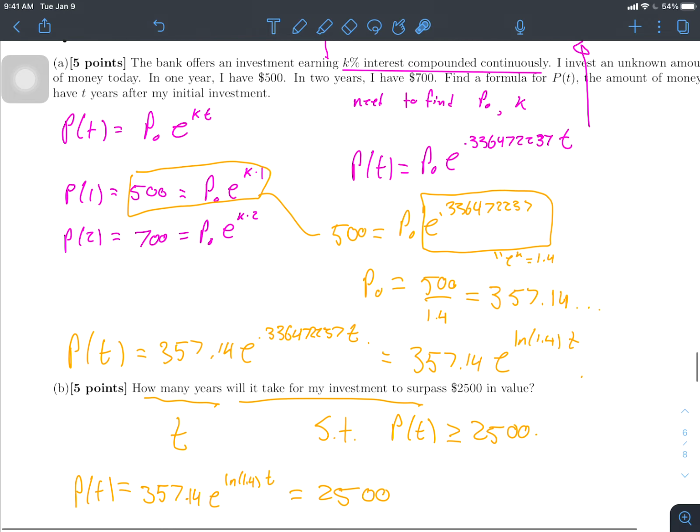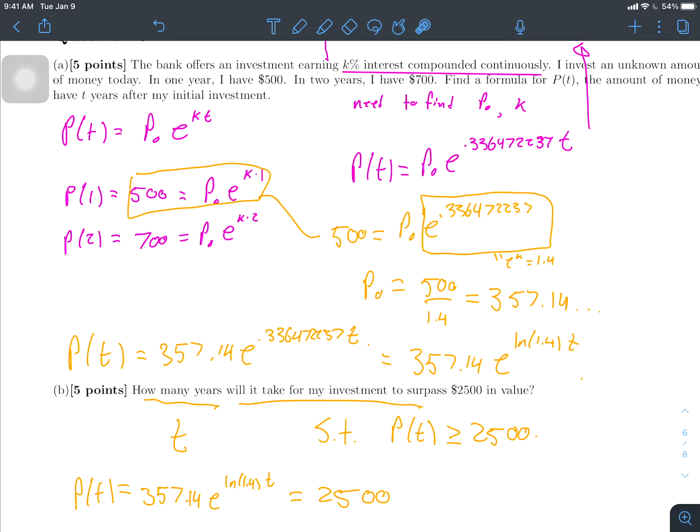So some students, I've noticed, have been making a slight error at this stage by saying, well, I know I want to find out t, and t is in the exponent, so let's just apply natural log. But this is not quite the right way of going about this, because if you want to bring this down in front of the log, using the power rule, then the power needs to apply to the entire thing.